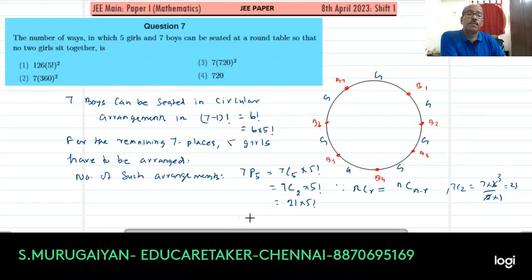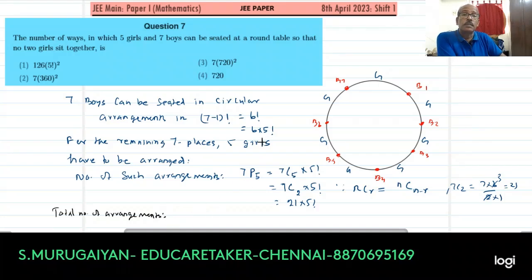The total number of arrangements: by the multiplication principle we have to multiply.